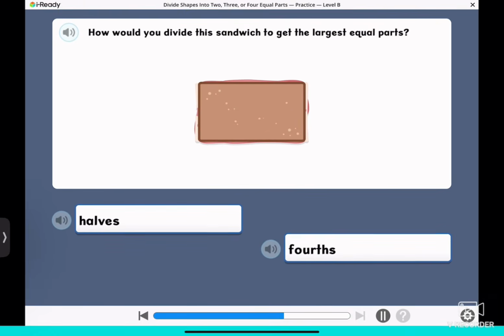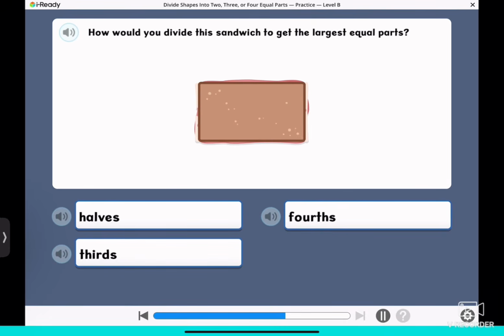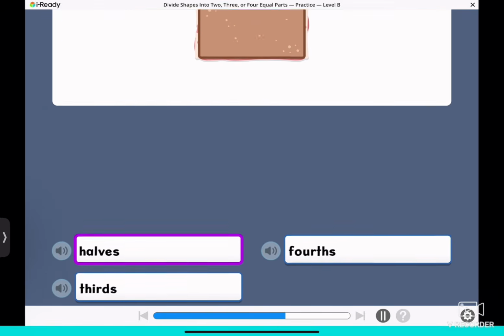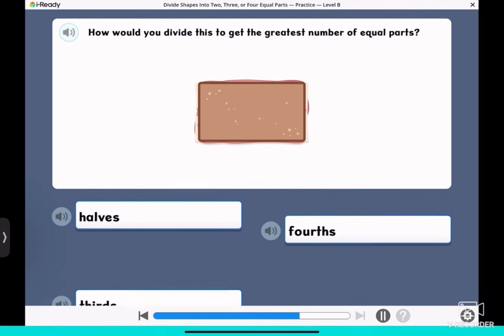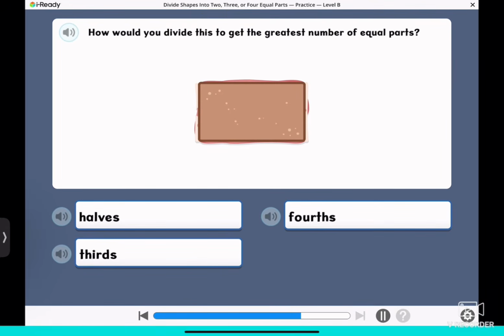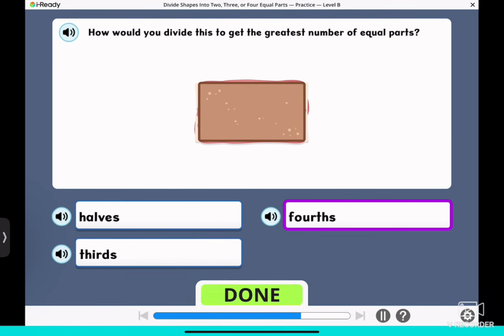How would you divide this sandwich to get the largest equal parts. Well done! Divide the sandwich into halves to get the largest parts. How would you divide this to get the greatest number of equal parts?